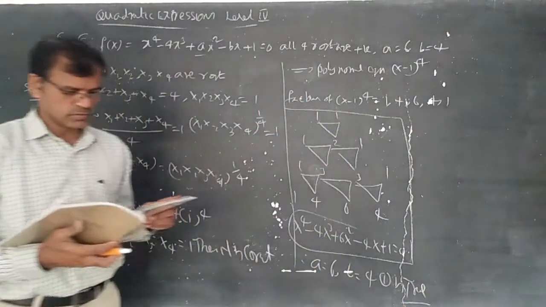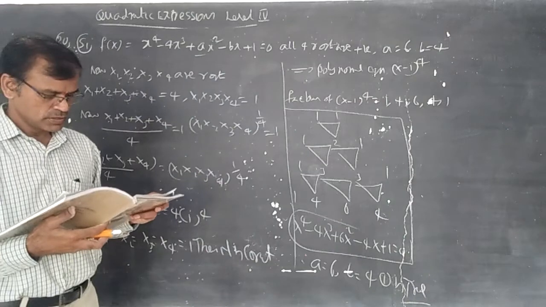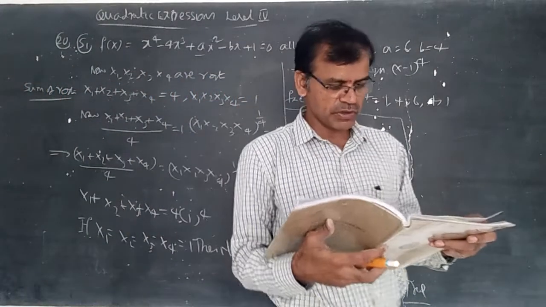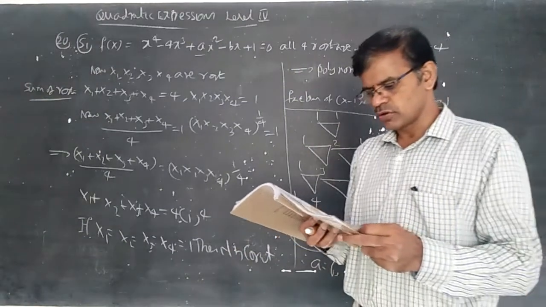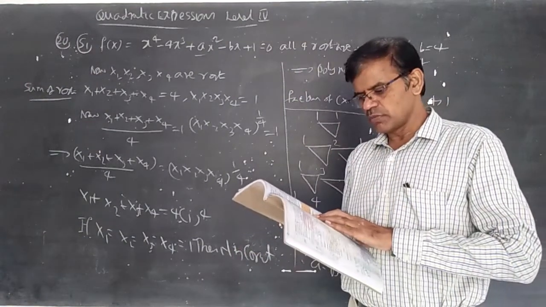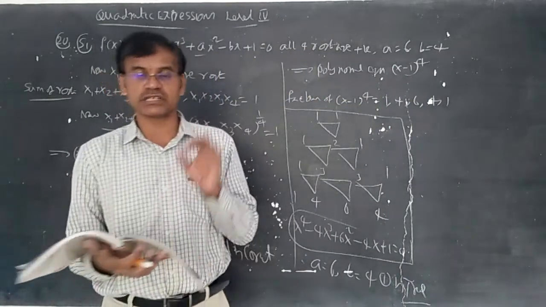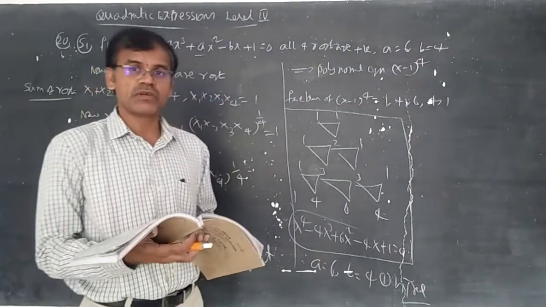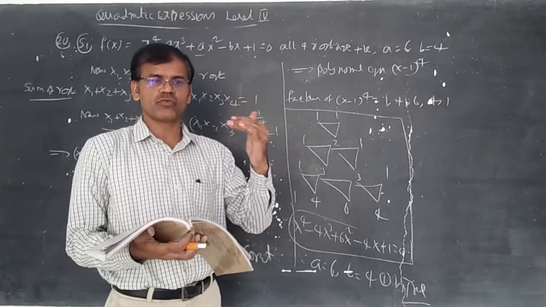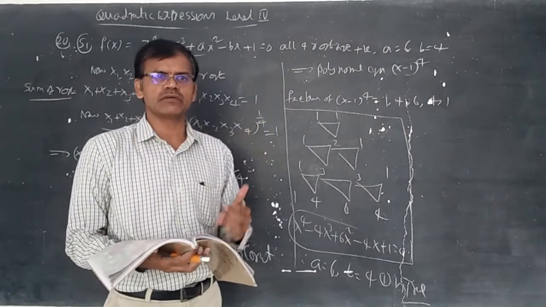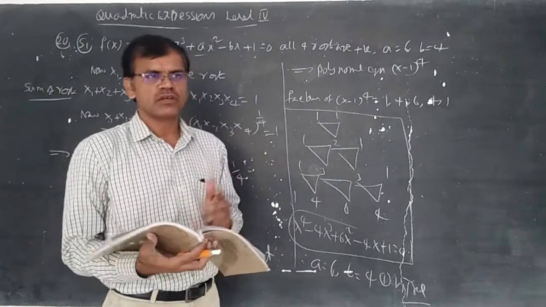Now the second one, statement 2: if polynomial equation p of x equal to 0 has 4 positive roots, then polynomial equation p dash x equal to 0 has 3 positive roots. Exactly, students, this is a formula. If a polynomial equation p of x equal to 0 has 4 positive roots or 4 negative roots, the derivative follows the same rule.